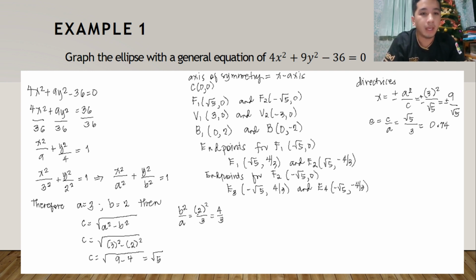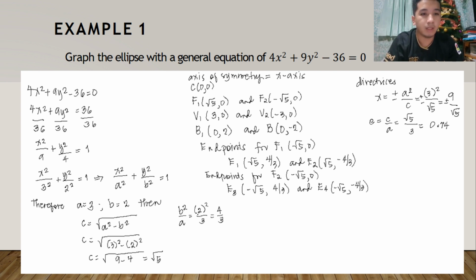Therefore, a equals 3 and b equals 2. Then c equals the square root of a squared minus b squared, so c equals the square root of 3 squared minus 2 squared, which is the square root of 9 minus 4, equals the square root of 5.